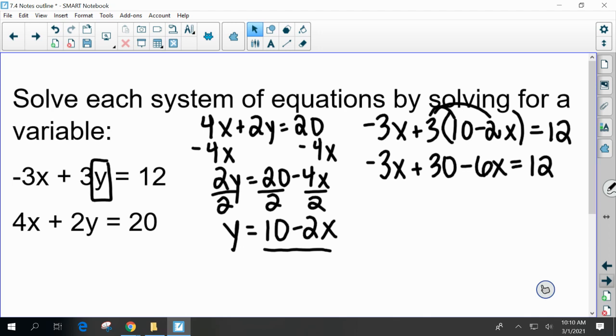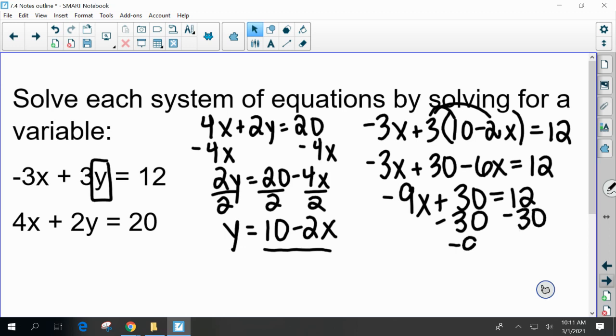Negative 3 minus 6 is negative 9x plus 30 equals 12. Then I have to subtract 30. So negative 9x equals negative 18. So x would equal what? Positive 2, negative 18 divided by negative 9.